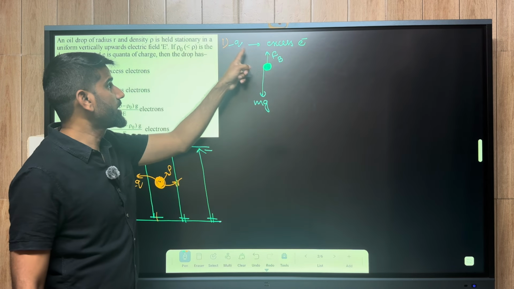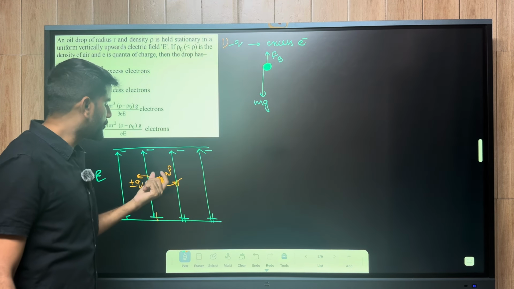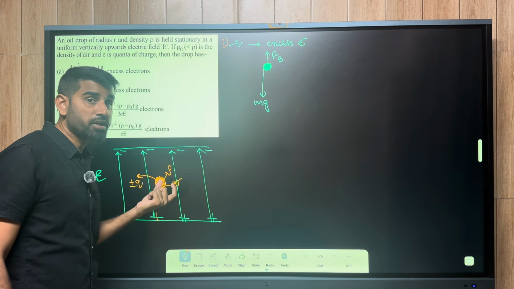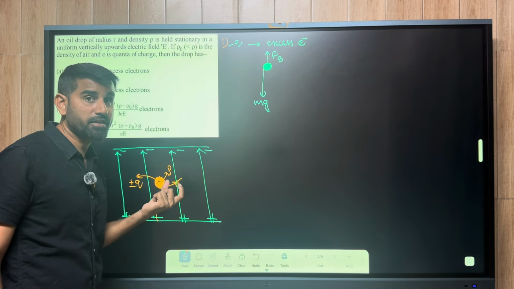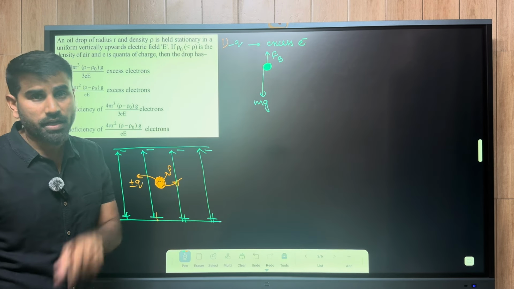Since this drop is negatively charged, the force on this charge is not in the direction of the electric field, rather it is opposite to the direction of the electric field.